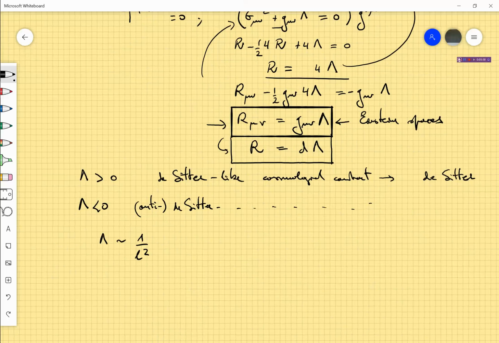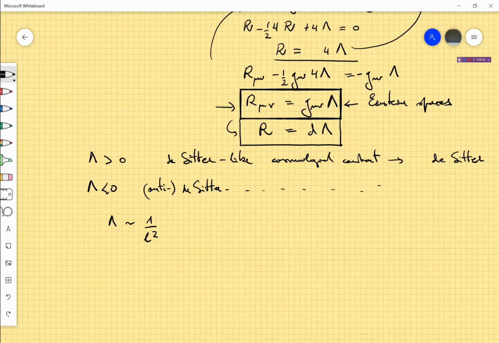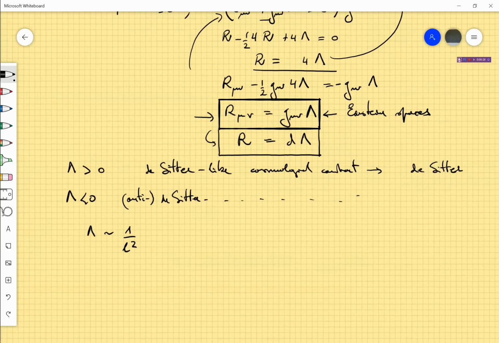You can also say it the other way: lambda introduces another length scale in your theory, apart from the Planck length, which is already included explicitly in front of the action. This is true in any dimension because R has the same dimensions of length to the minus 2 in any dimension. So if you remember, there was a parameter R in the way we constructed the de Sitter and anti-de Sitter solutions. Of course, this R plays the role of L. So these two things are the same.